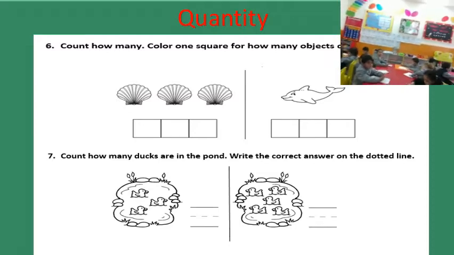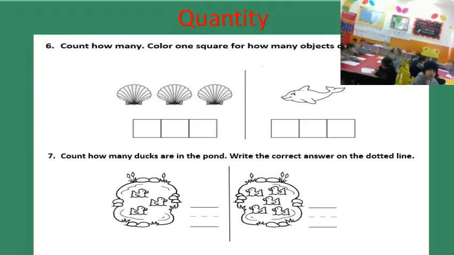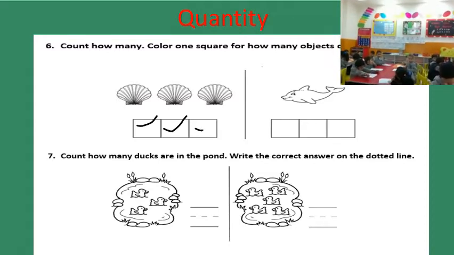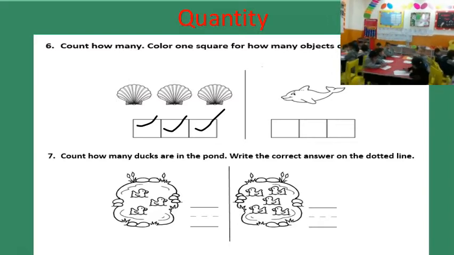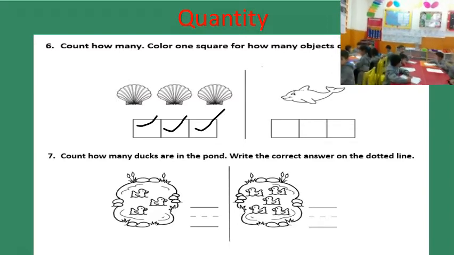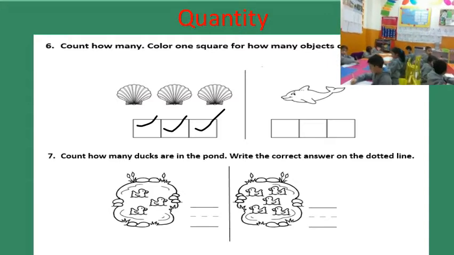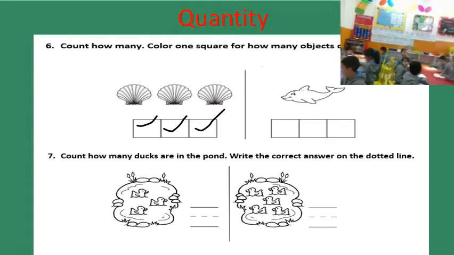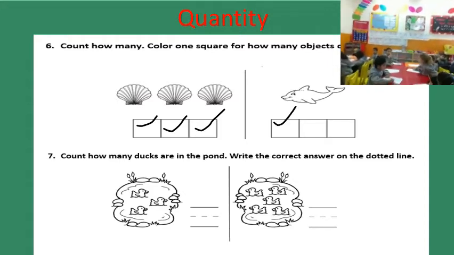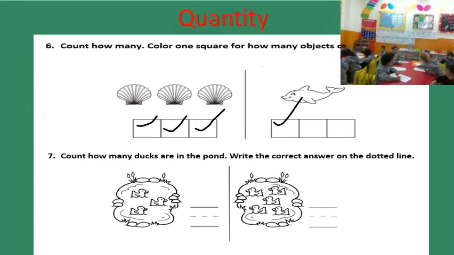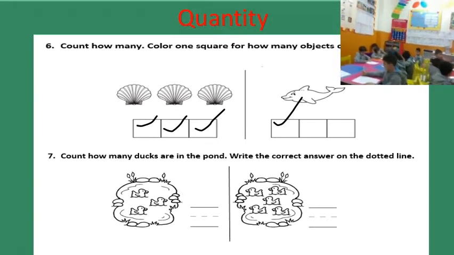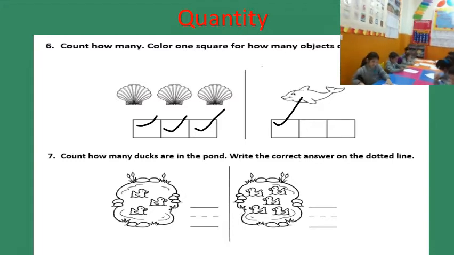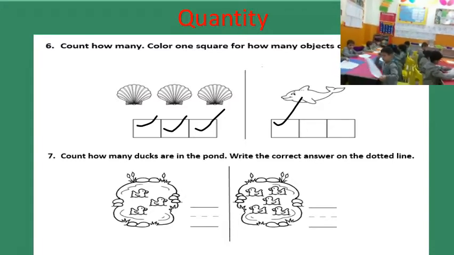So go ahead and check 3. Now, what animal do I have there? A dolphin. And how many dolphins do I have? 1. So go ahead and check 1. Okay? Now turn your paper so you can see the ducks in the pond.